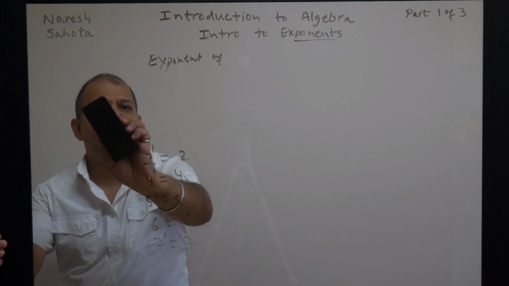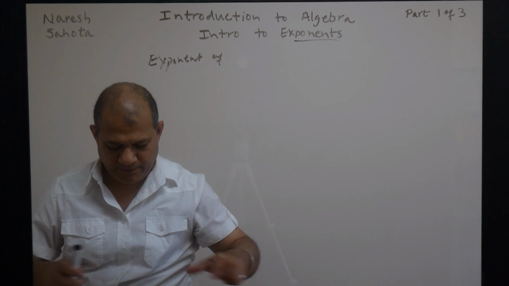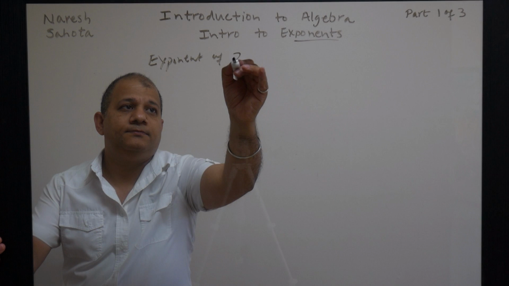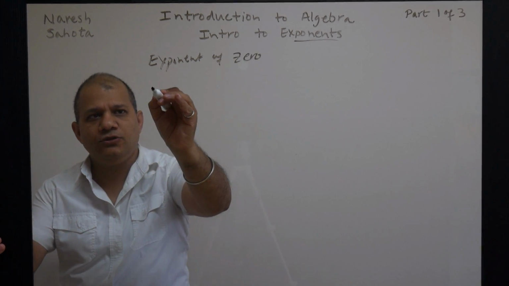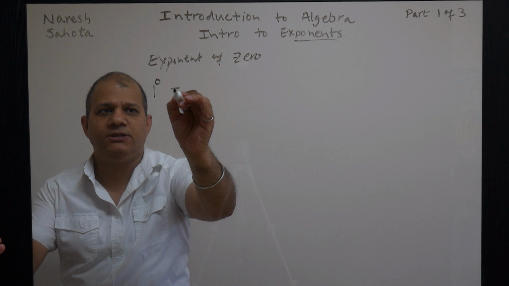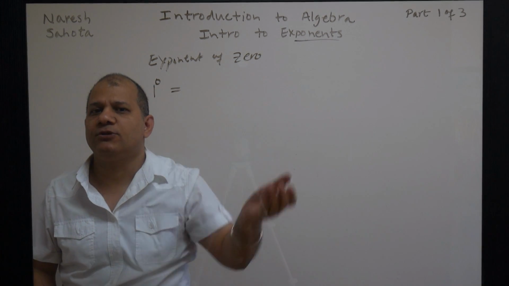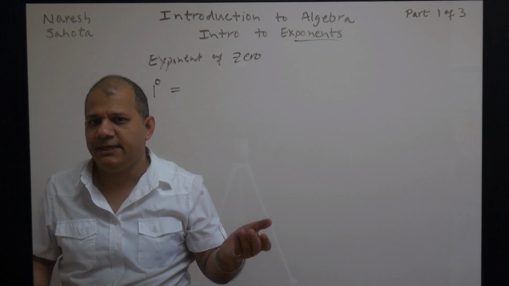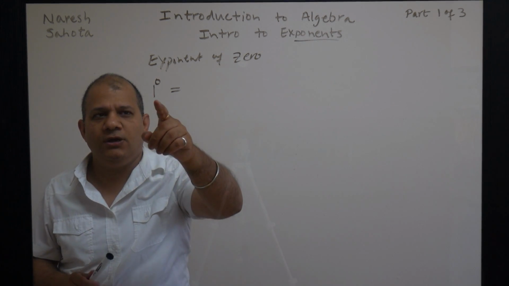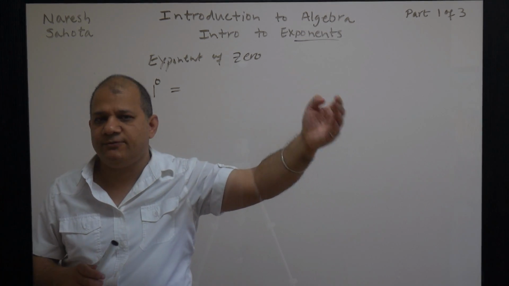Now, we'll look at an exponent of 0. If I have base 1 raised to the exponent 0, how do I multiply 1 0 times? It's just not possible. I can write 1 once, twice, a third time, four times, 5 times, and so on.